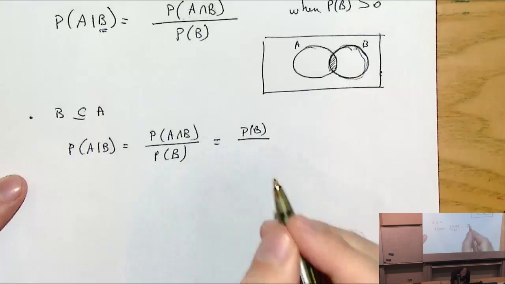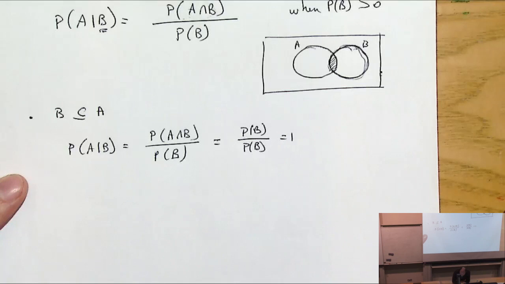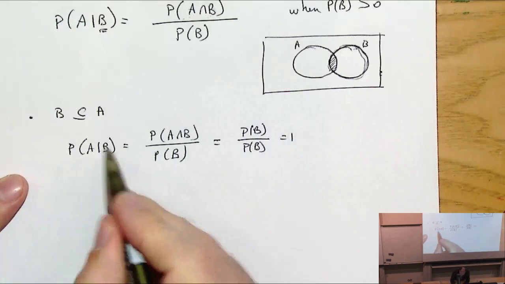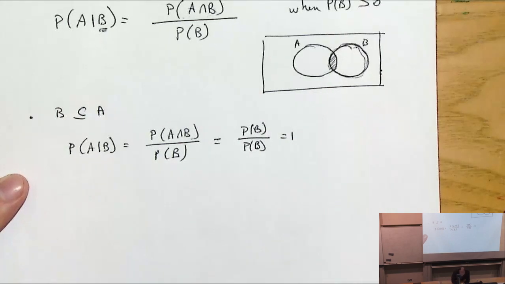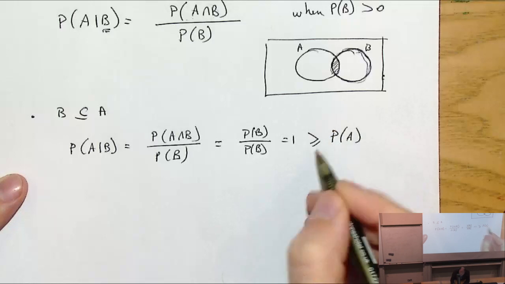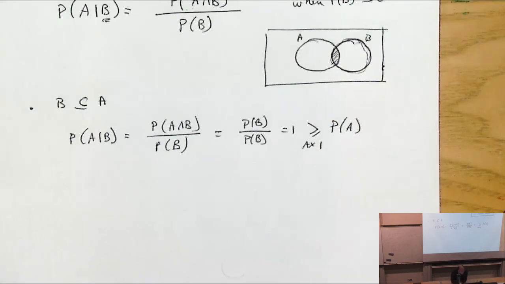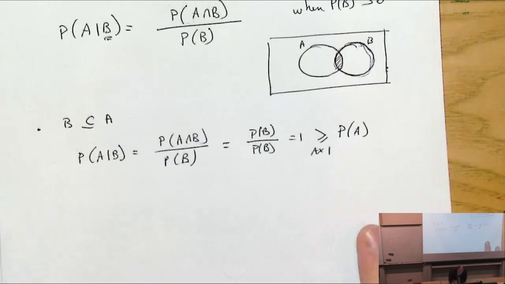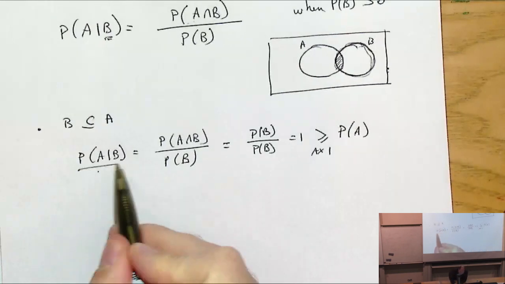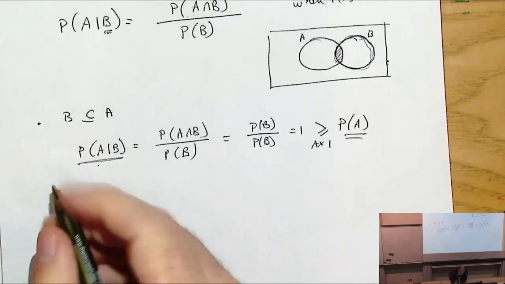So that's the same as probability of B divided by probability of B, and this is equal to 1. So here in this scenario, if B is actually a subset of A, you realize that the probability of having A given B is equal to 1, and this is always larger than probability of having A, right? So that's axiom 1 of probability. So here, this is an example where you see the probability of having A given B is actually larger than probability of having A occurring, right?